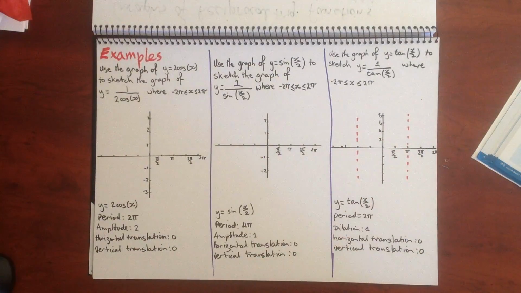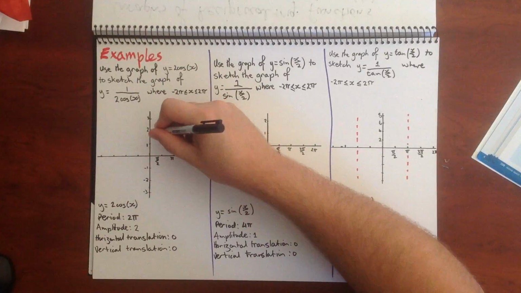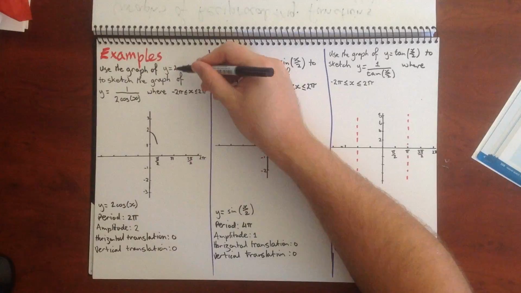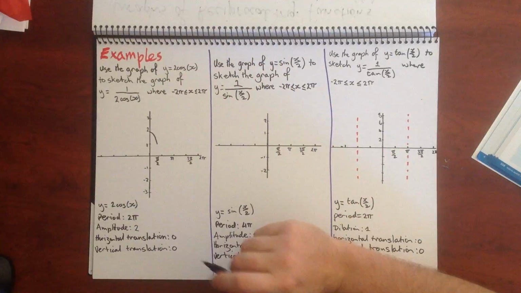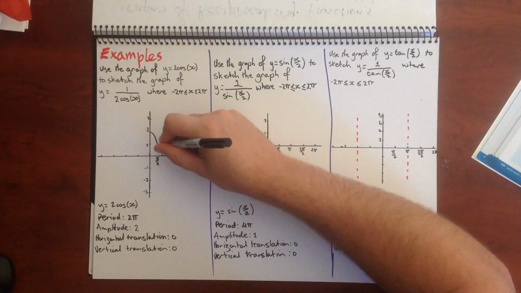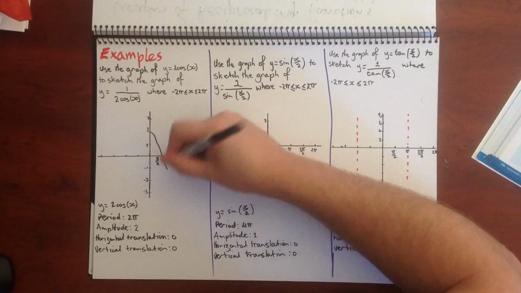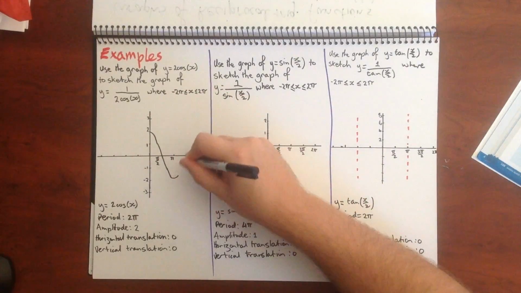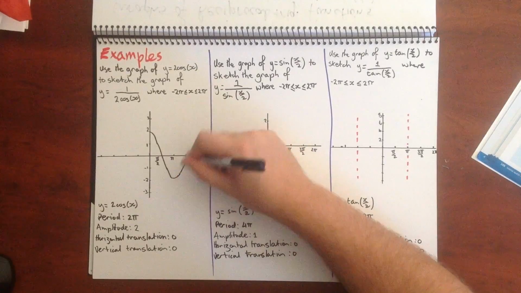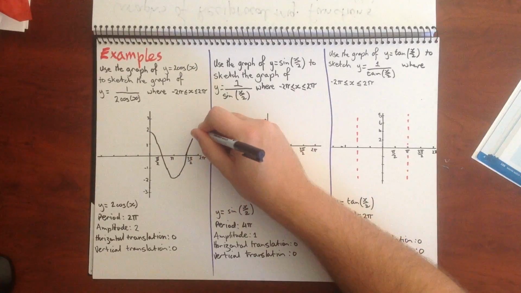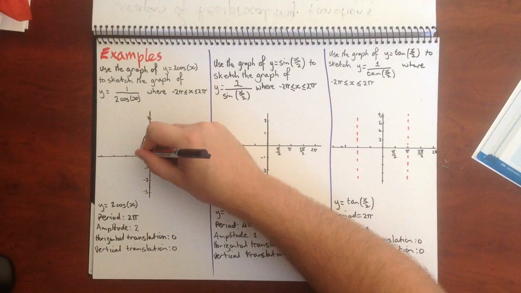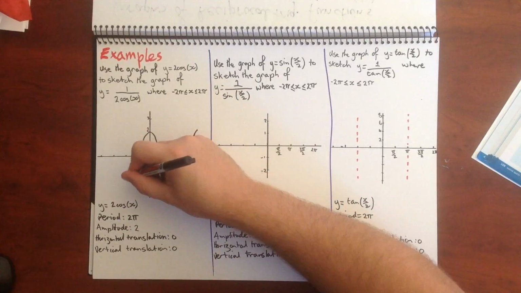It's always a good starting point. We're starting at 2 because of our amplitude of 2. Not the best graph in the world, but it'll suffice.